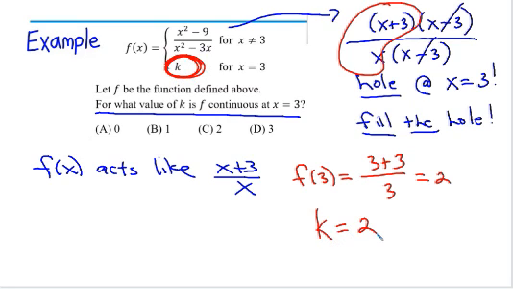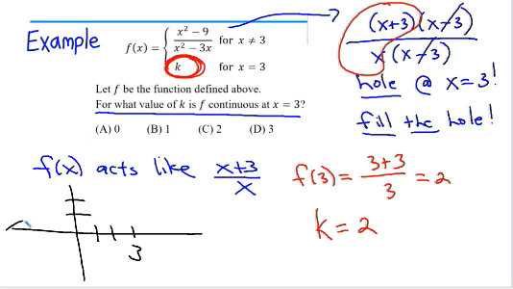What they're doing is they're giving us this deal. Here's 3, and I'm not sure exactly what this function looks like. It's probably going to act a lot like a constant function, whatever that is. But we've got this k floating around out here.